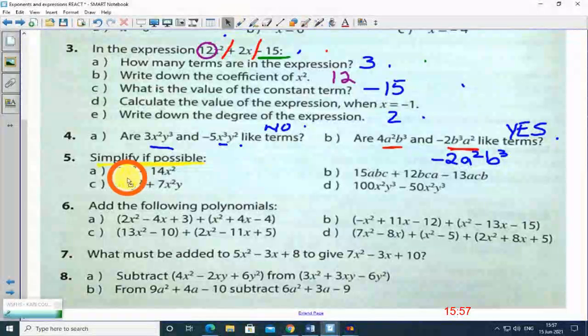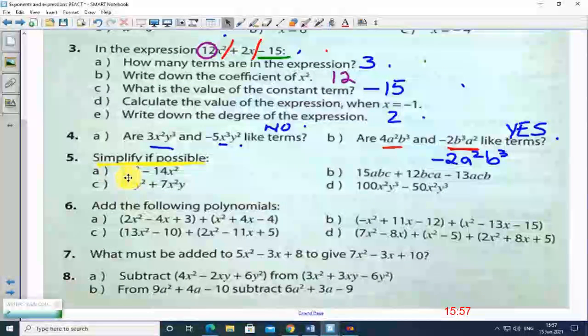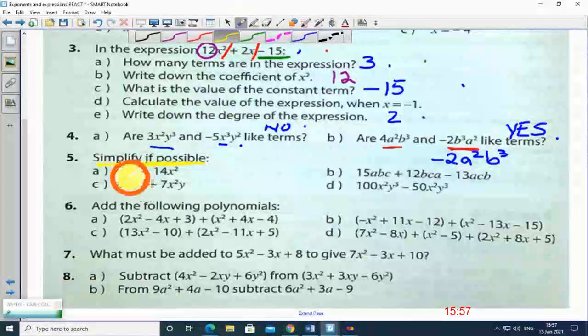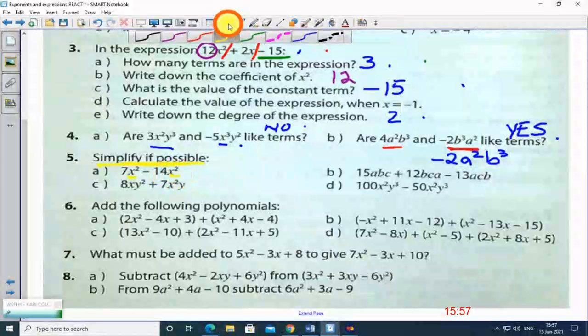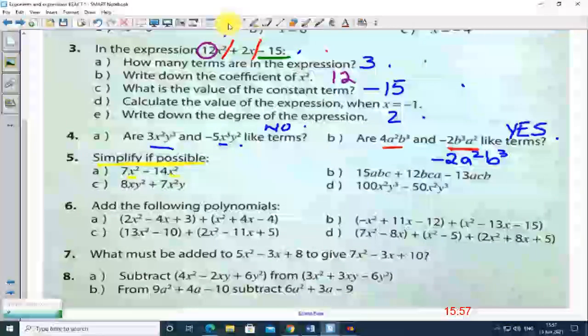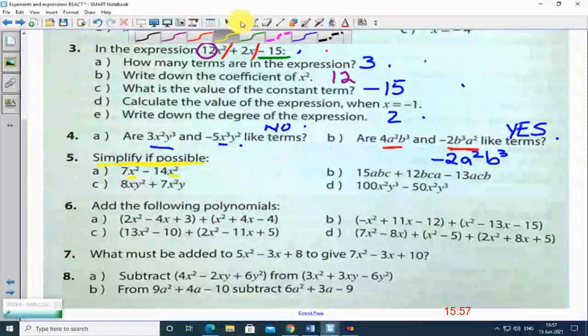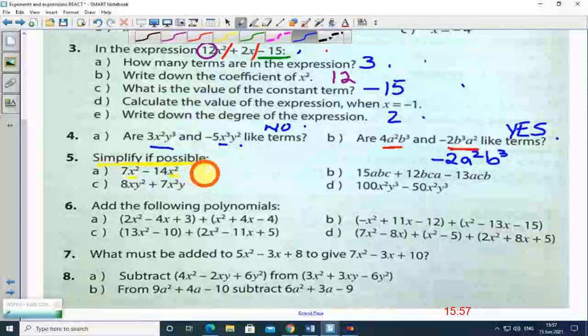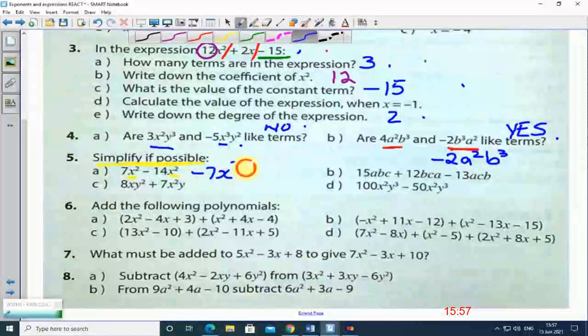This is an x squared. This is an x squared. This is an x squared. So yes, we can subtract them. And as we just said, I've got 7 of them minus 14 of them. I've got negative 7 x squared.